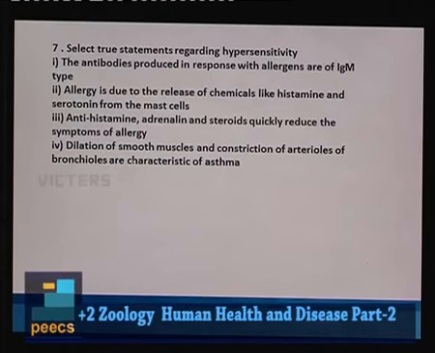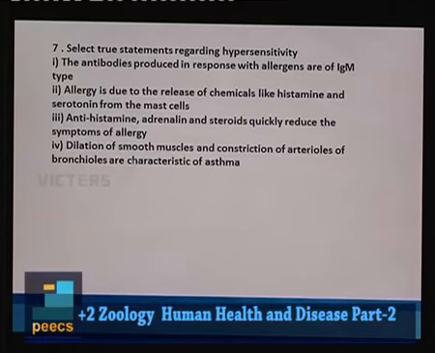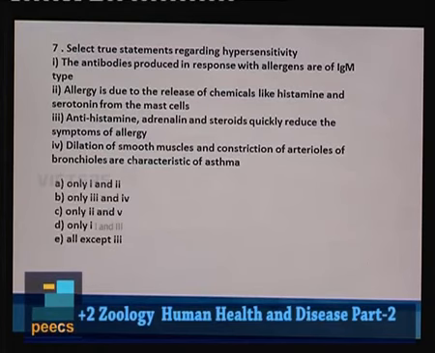Actually, smooth muscles undergo constriction and the arterioles of bronchioles undergo dilation in asthma. So this is a wrong statement. Statements 1 and 4 are wrong, so the correct answer will be the option with 2 and 3, which is option D.